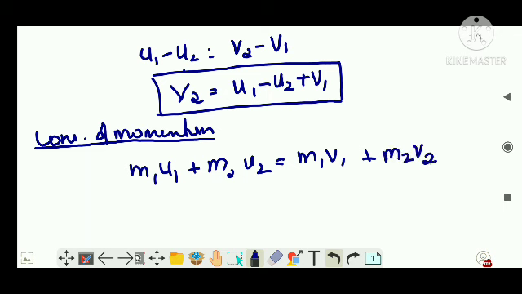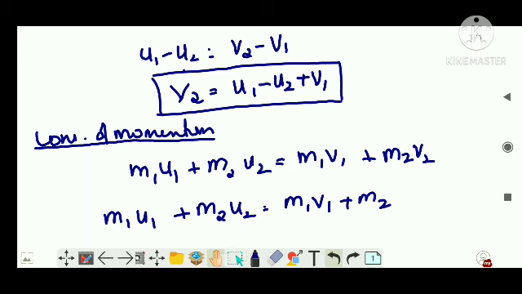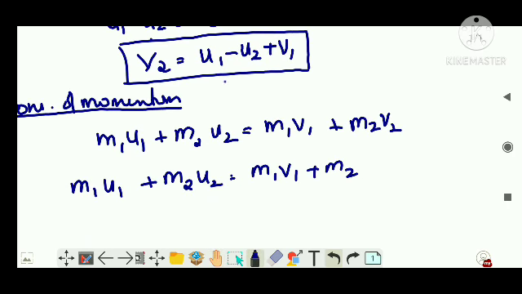Now what I'm going to do is substitute this v2 value over here. So m1 u1 plus m2 u2 is equal to m1 v1 plus m2, and in place of v2, I'm going to substitute u1 minus u2 plus v1.